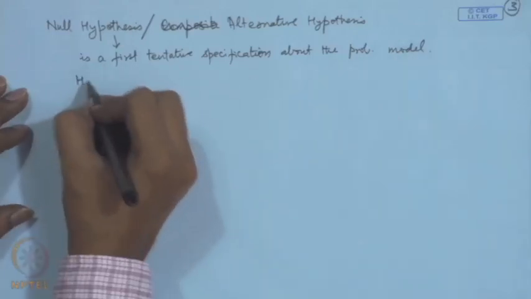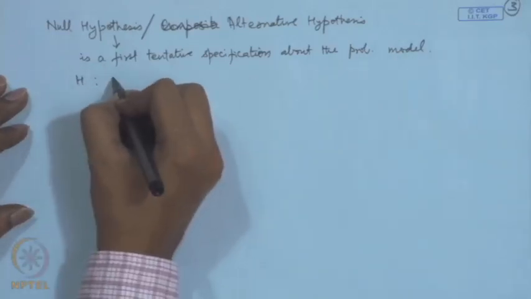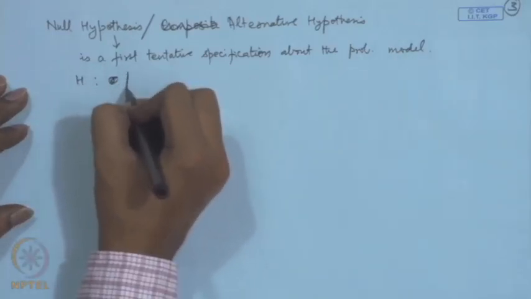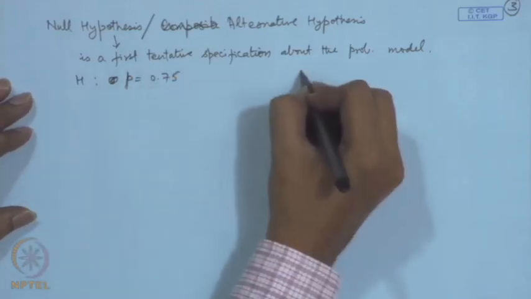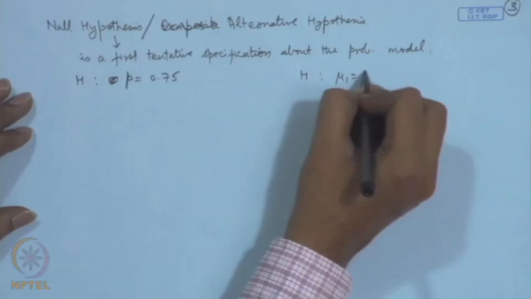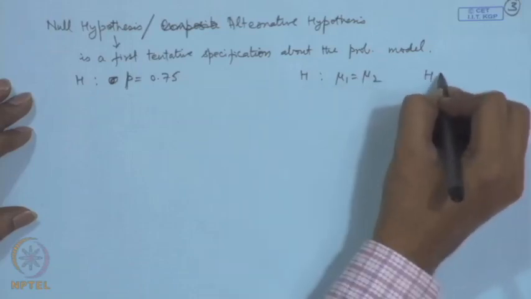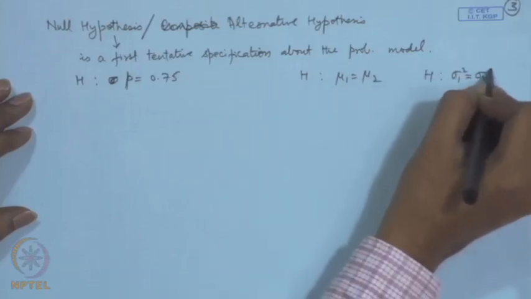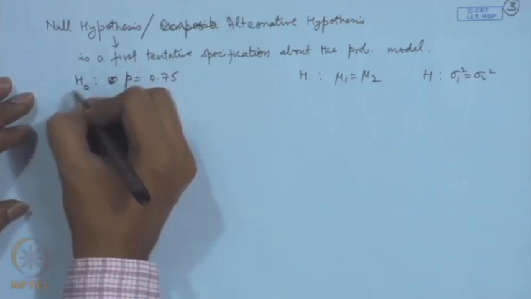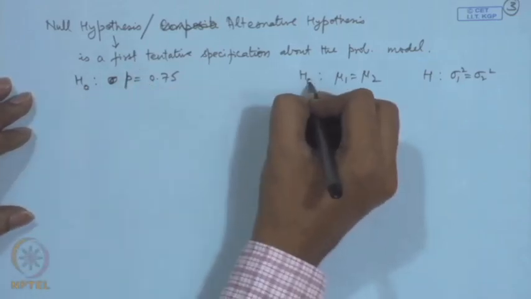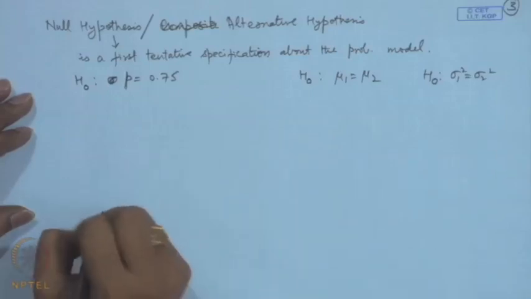So, for example, we may say H0: p is equal to 0.75, we may say H0: mu 1 is equal to mu 2, we may say H0: sigma 1 square is equal to sigma 2 square. So, this is called a null hypothesis. The usual notation in the standard books is H naught here.